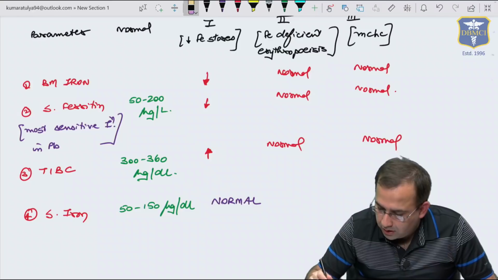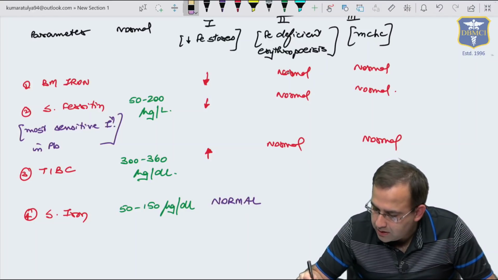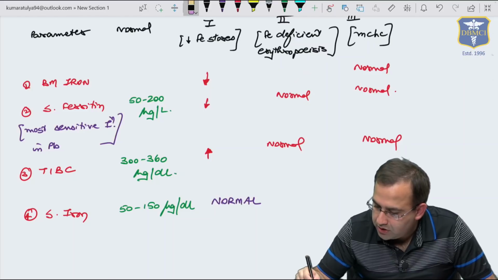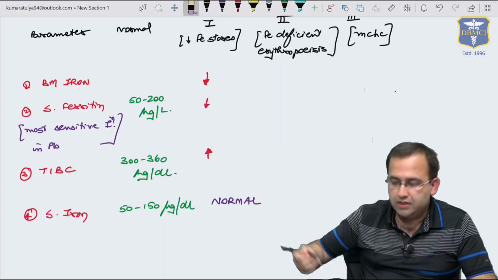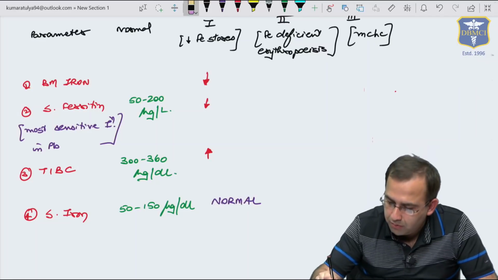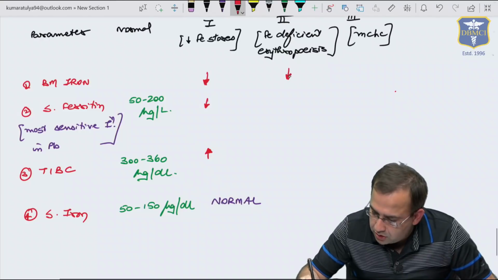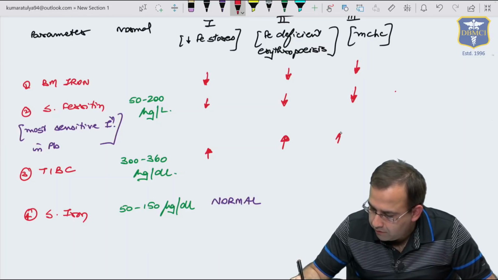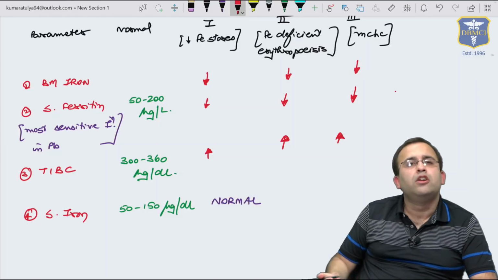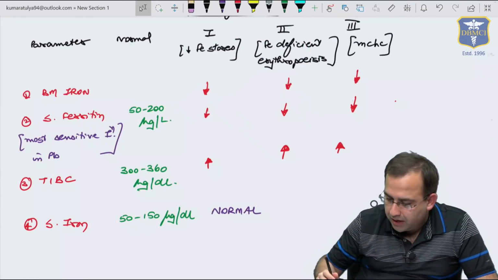See, bone marrow iron, if it is reduced in stage 1, whichever thing is abnormal in stage 1 will also be abnormal in stage 2 and 3. That is obvious. Whatever is normal in stage 1 will also be normal in stage 2 and 3. This was my error.